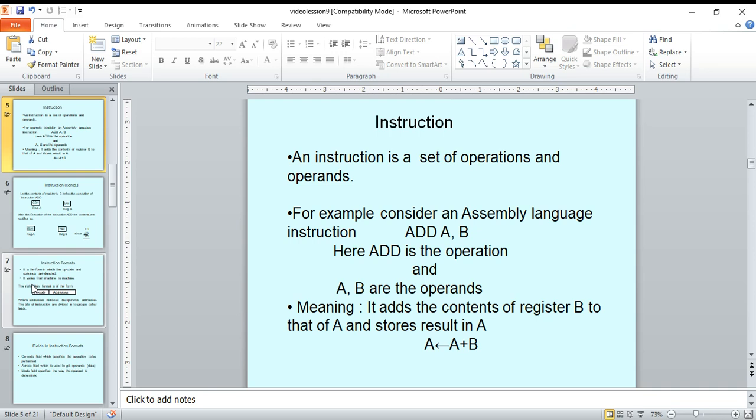Here ADD is the operation and A and B are the operands.